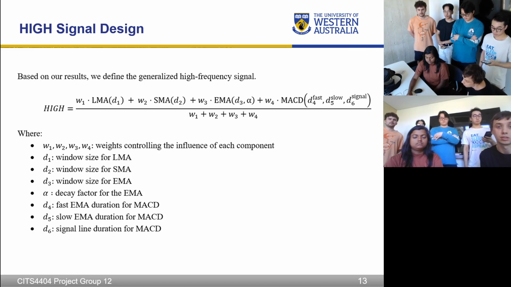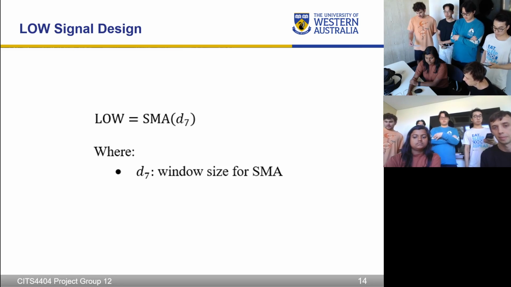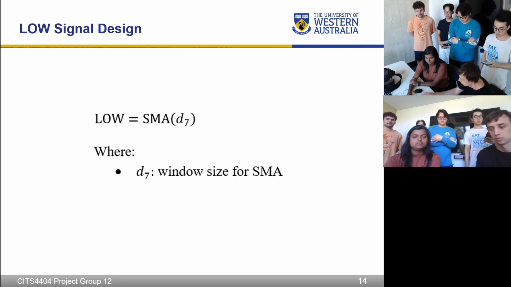Based on our results, we define our high signal as a weighted combination of LMA, SMA, EMA, and MACD, normalized by the total weight. Following the project's second crossover strategy, we define the low signal as a simple moving average with a window size to optimize.